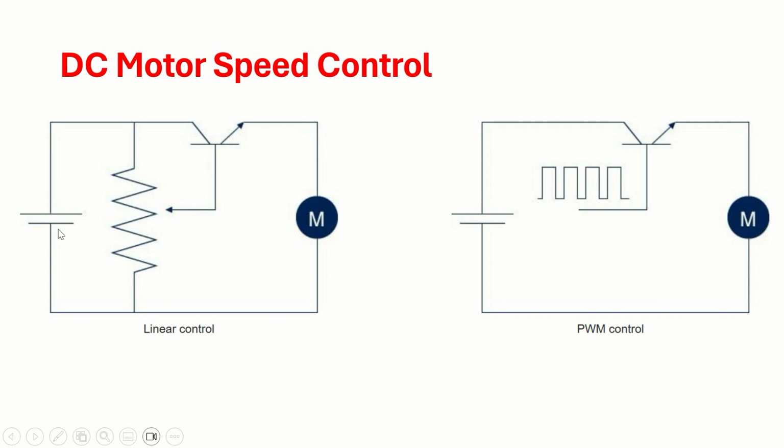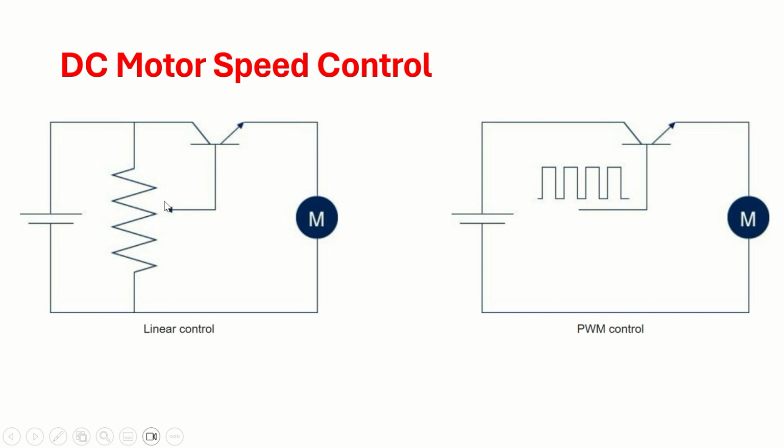Say for example, there is a battery DC supply. Instead of directly connecting to the motor, you have connected a transistor in series.